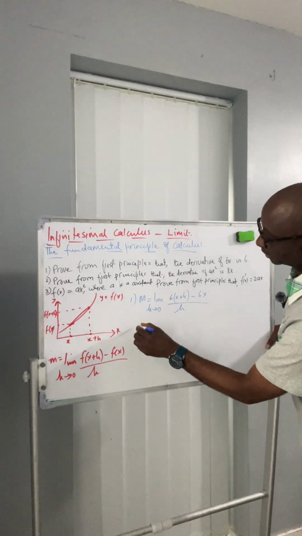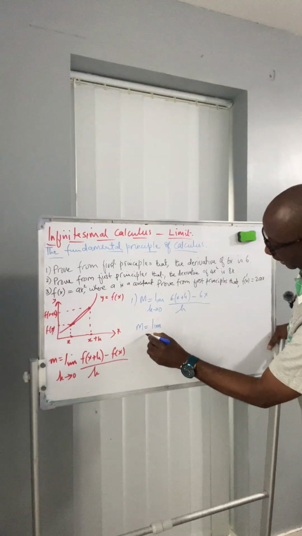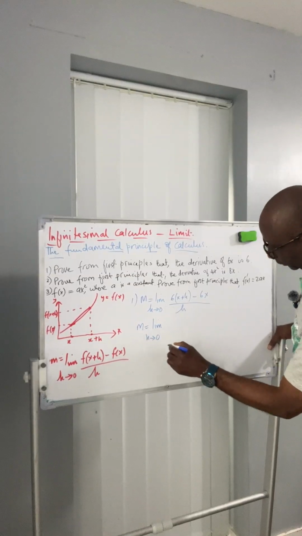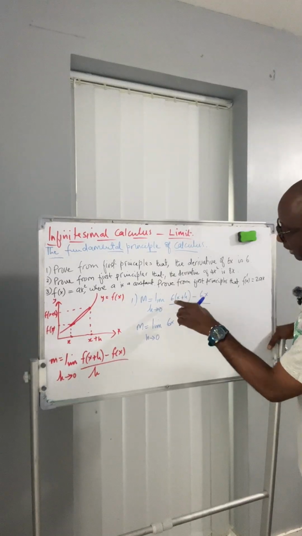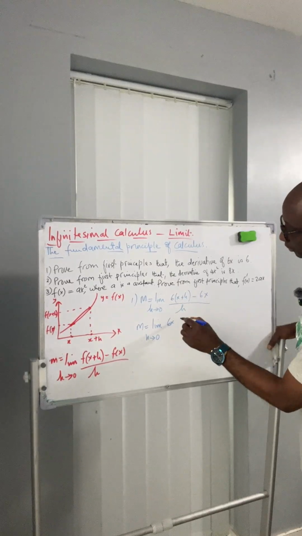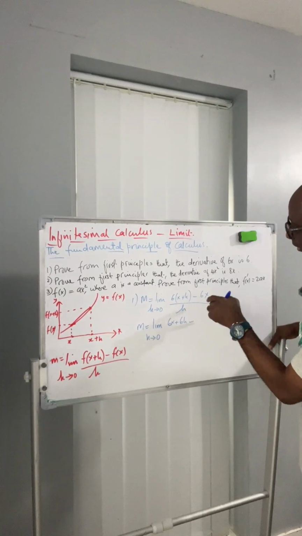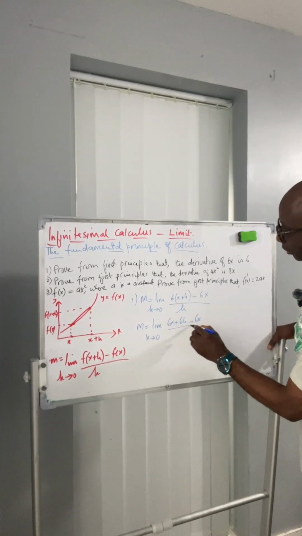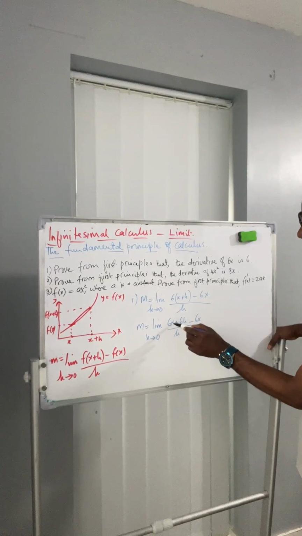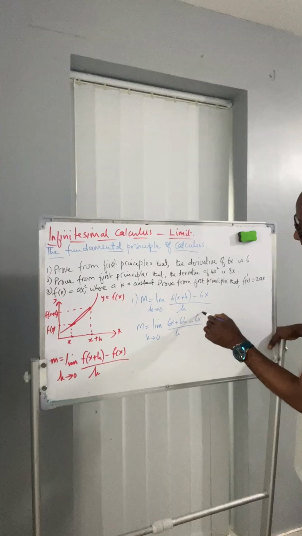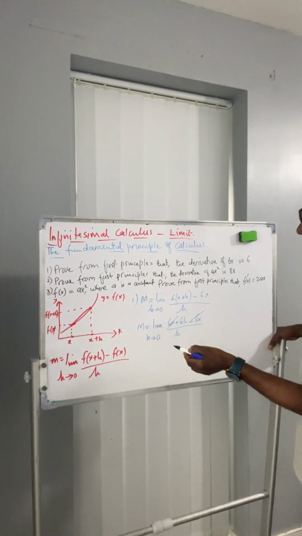So in that case, you have m as the limit as h tends to 0. This will be 6 times x, which is 6x, plus 6 times h, which is 6h, minus 6x, all over h. You can see that 6x minus 6x cancel each other.